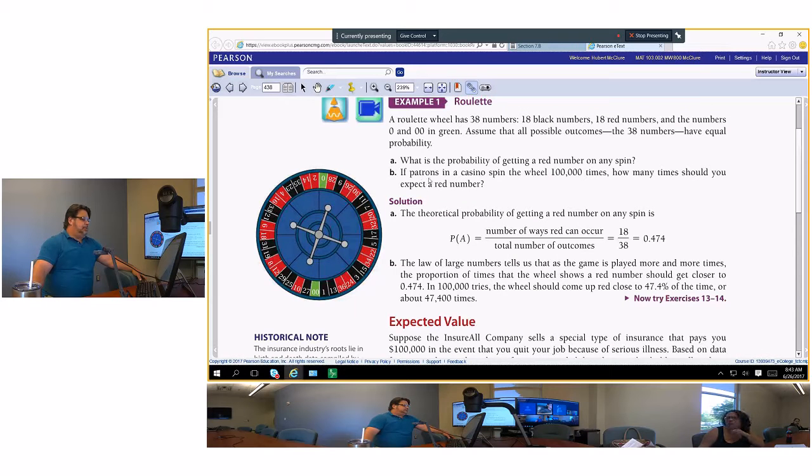If patrons in the casino spin the wheel 1,000 times, how many times should you expect a red number? Well, 1,000 times that percentage would be what you come up with. There it is. Theoretical probability of getting a red number on any spin is 18 out of 38.